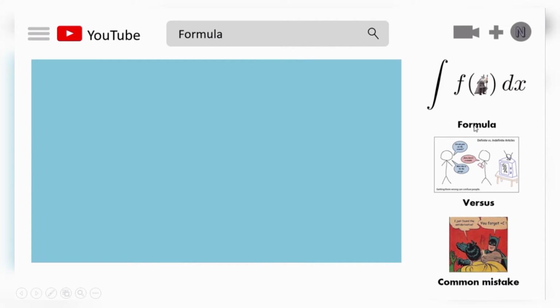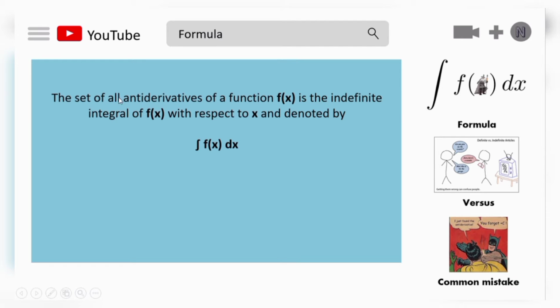The set of all antiderivatives of a function f(x) is the indefinite integral of f(x) with respect to x, denoted by the integral of f(x) dx.